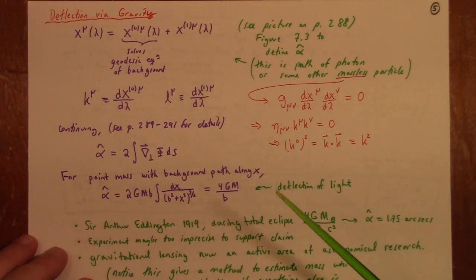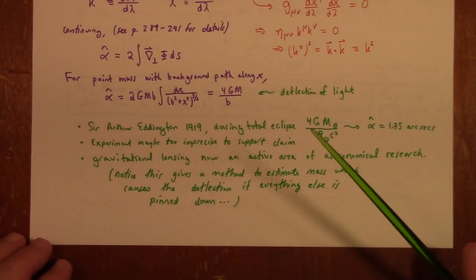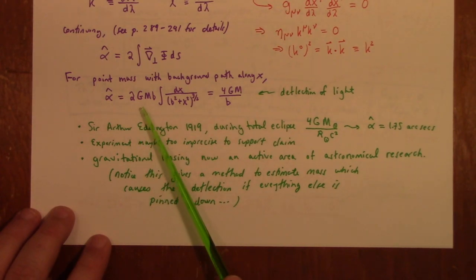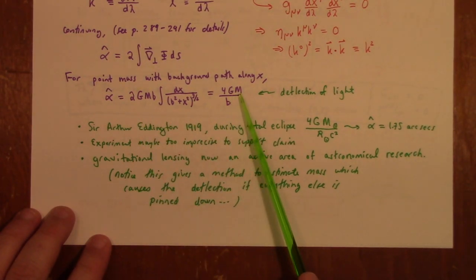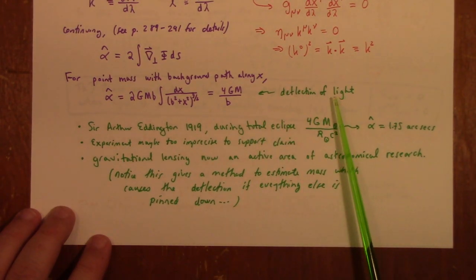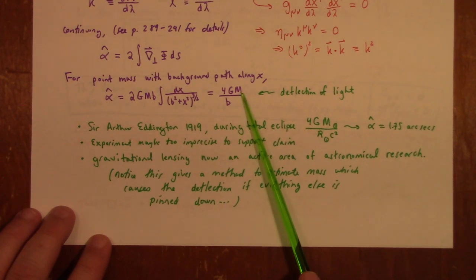And more to the point, for a point mass with a background path along x, this works out to 4 pi G m over b. This is how general relativity predicts light will be deflected if it goes by something at distance b from its center of mass, where the mass is m.